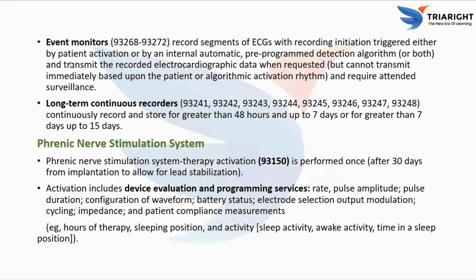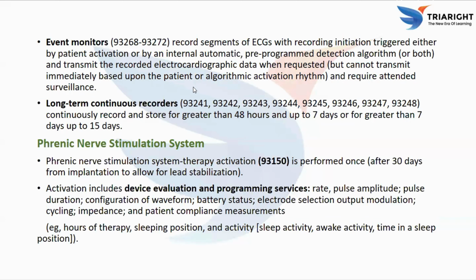So next is event monitors. So what is an event monitor? An event monitor records only short segments of ECG but not the continuous data. So how does recording start here? Recording is triggered by patient activation, pressing a button when symptoms occur, an automatic detection algorithm, or both.